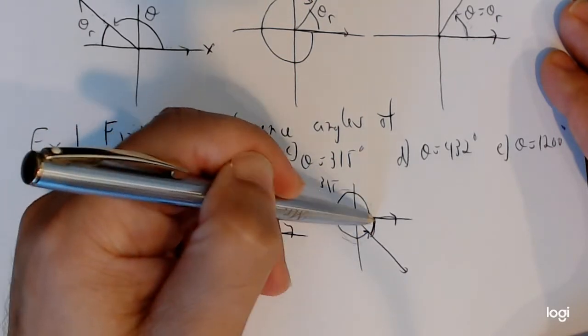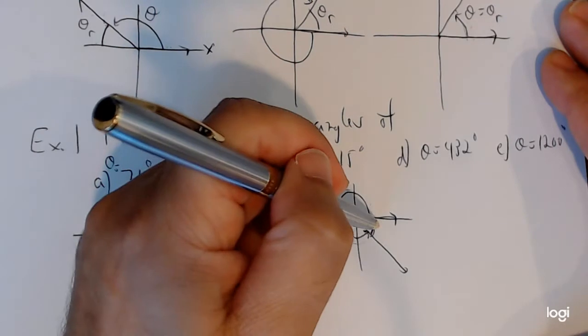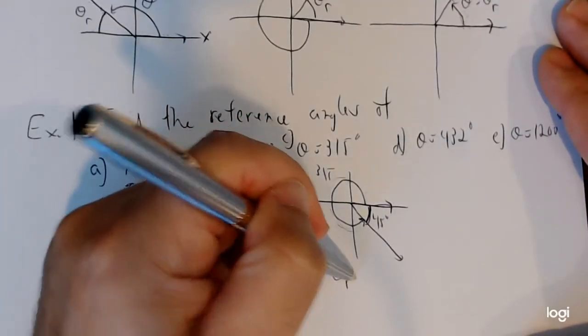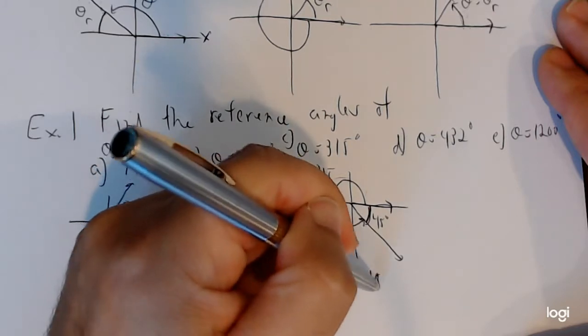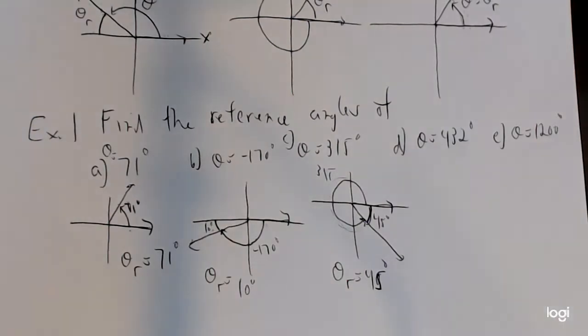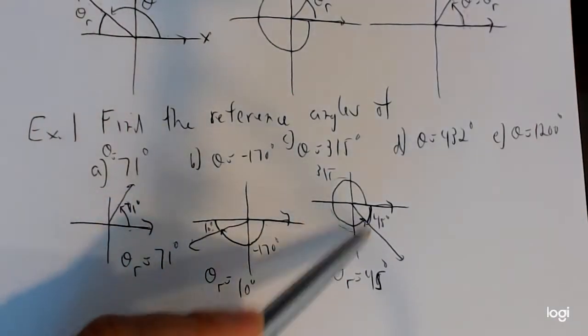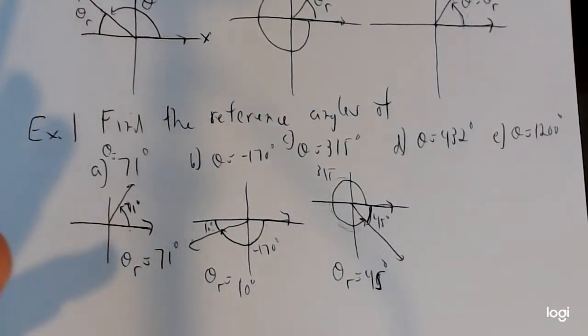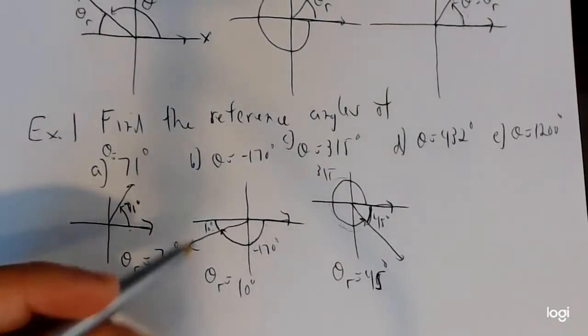So 360 minus 315 leaves me a reference angle of 45 degrees, so theta sub r is 45 degrees. It's important to identify your reference angle, and notice how I'm using the idea that half a circle is 180 degrees and a full circle is 360 degrees to help me find the reference angle.